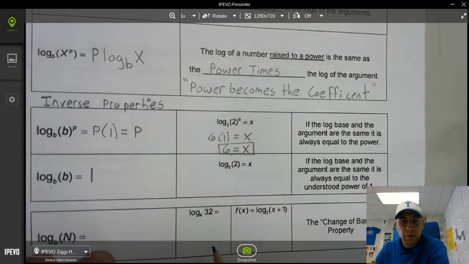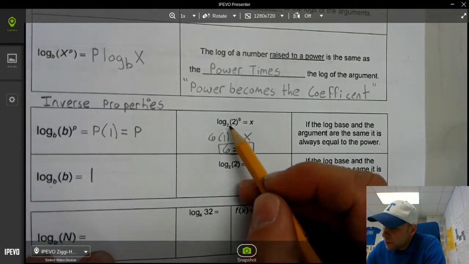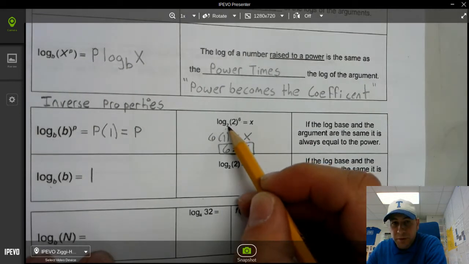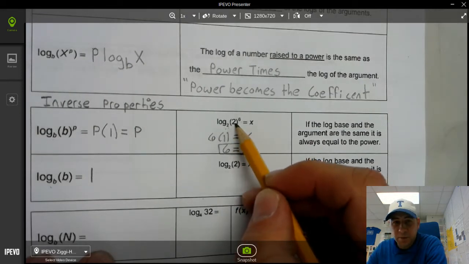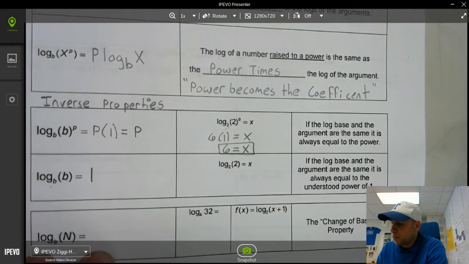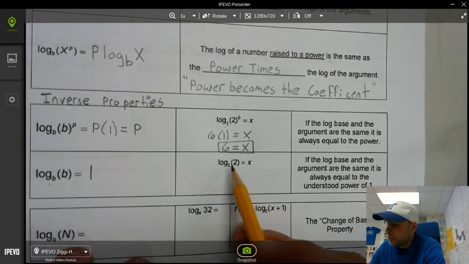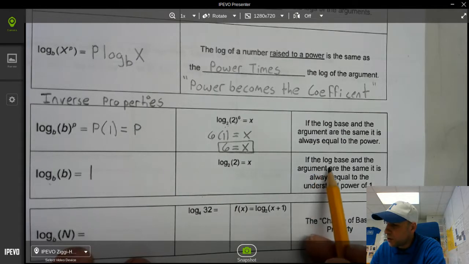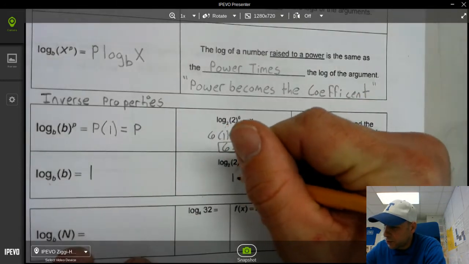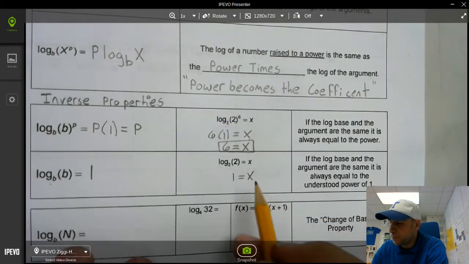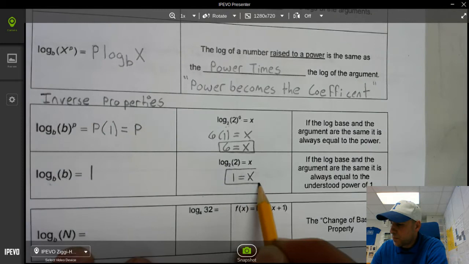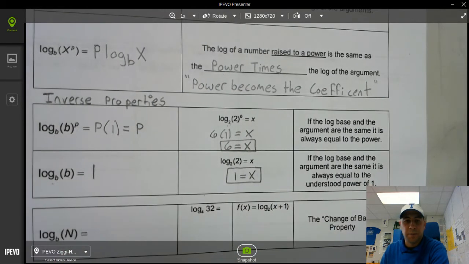Whoa, time was frozen. So this is the base, this is the argument. Okay. All right. So here we know the base, and it says here if the log base and the argument are the same, it is always equal to the understood power of 1. So this is equal to 1. Okay.